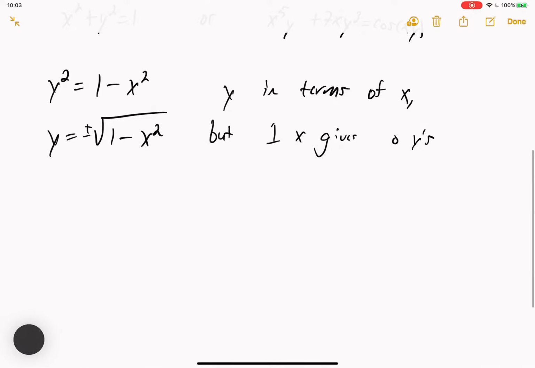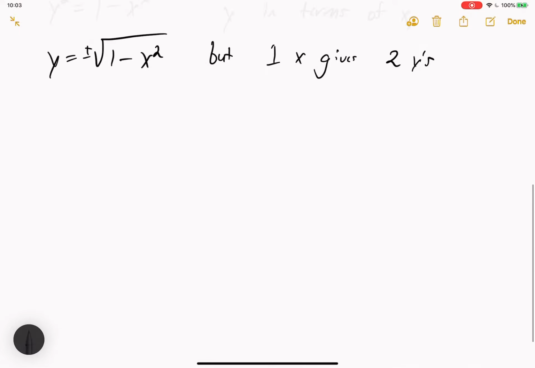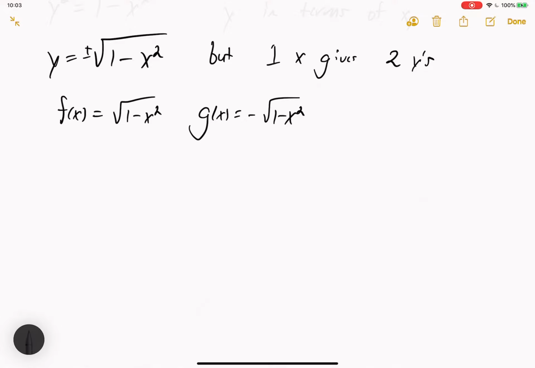I'll say 2 y's. So if you want to do the unit circle, we'll say f of x is equal to the square root of 1 minus x squared, and g of x is the other curve, negative the square root of 1 minus x squared. What this gives us is just the unit circle, radius 1.